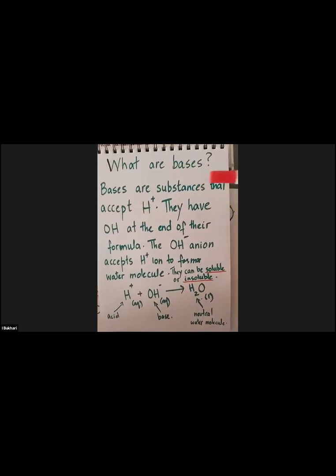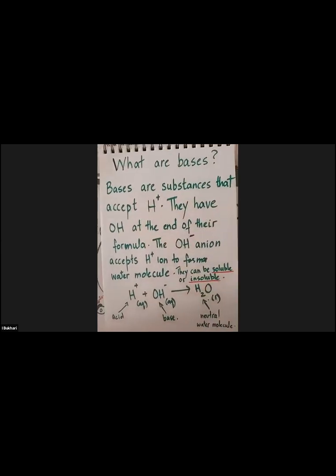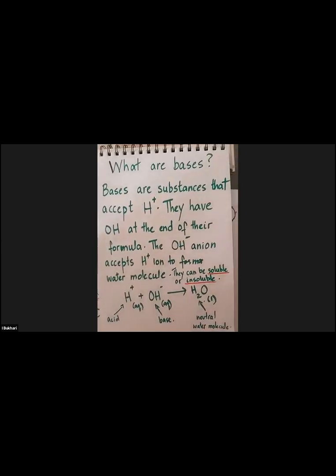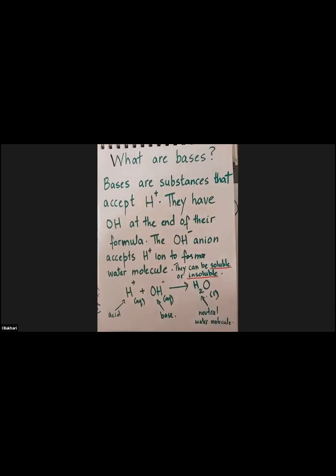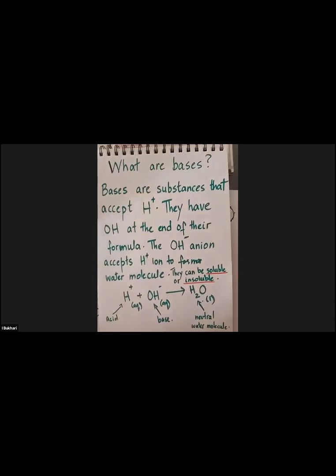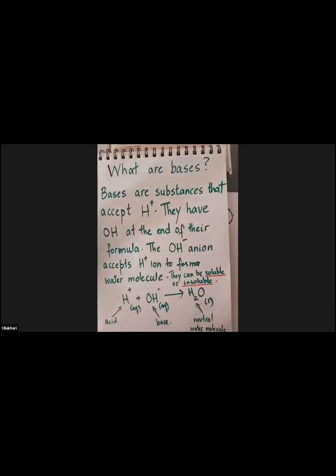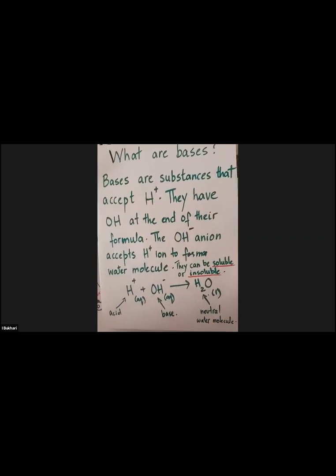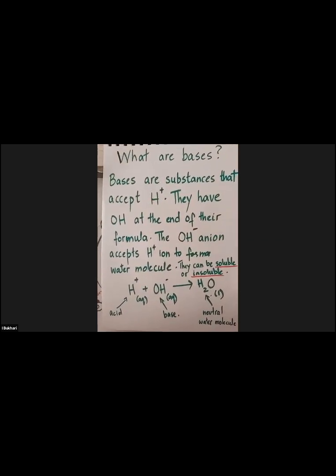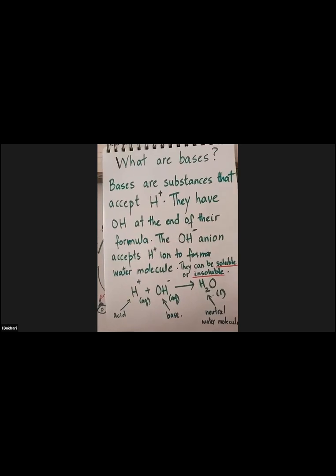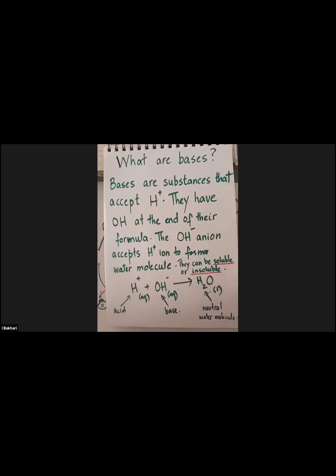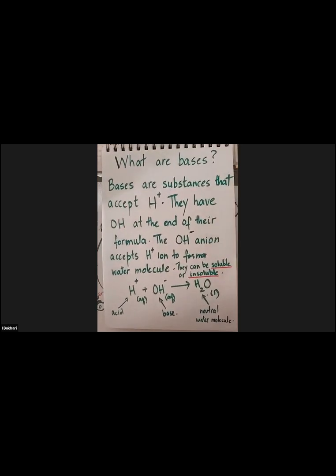They are substances that accept hydrogen ions. Okay, if one is giving, there should be another who is taking. If there is nobody to take, who will the acid give to, right? So if we have acids, they should be reacting with some bases which can accept those hydrogen ions.